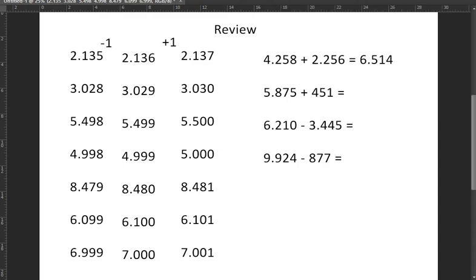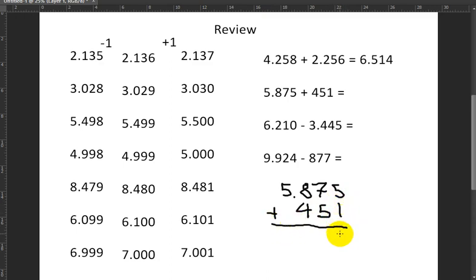Next up, 5,875 plus 451. 5 and 1 makes 6. 7 and 5 makes 12.